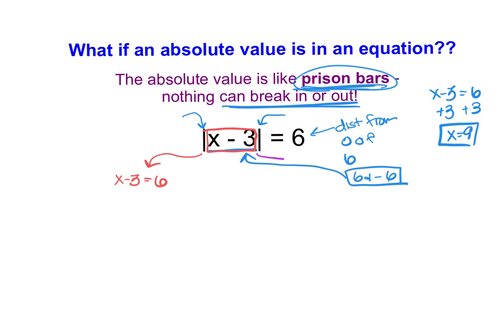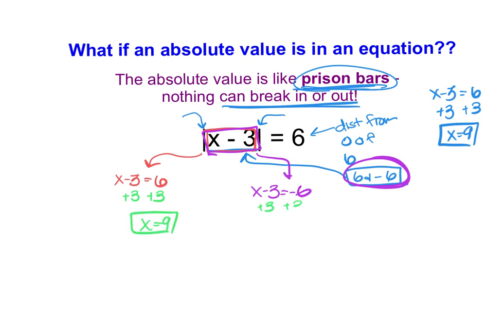Then we can break down the other wall by taking x minus 3 and setting it equal to negative 6, because if this inside equals negative 6, we'll have absolute value of negative 6, which will also be 6. So we break down those prison walls by setting the middle equal to both possibilities, both numbers that are exactly 6 units from 0. Now we just need to solve. Here we add 3 to each side, so we find x equals 9 is one option.